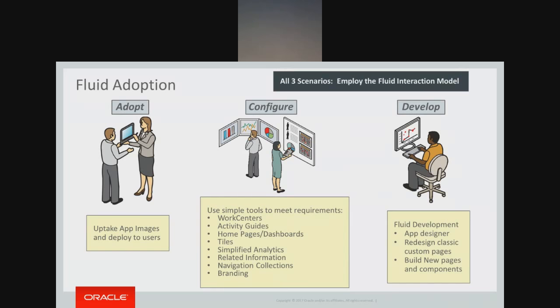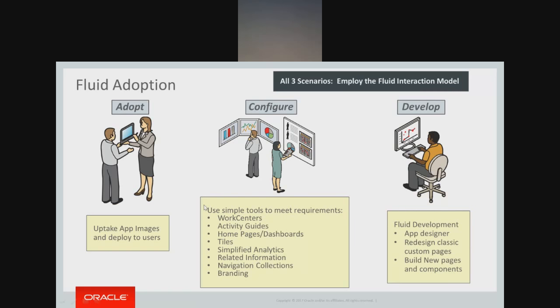All right. As far as Fluid is concerned, there's a whole methodology right now. There are different ways that you can apply Fluid to your environment. First off, you'll be able to go out into your PUM images and update the most recent features. So that's one way. Another way is, as probably a business analyst role, go in and create or modify work centers or dashboards, activity guides, this whole list that we have right here.